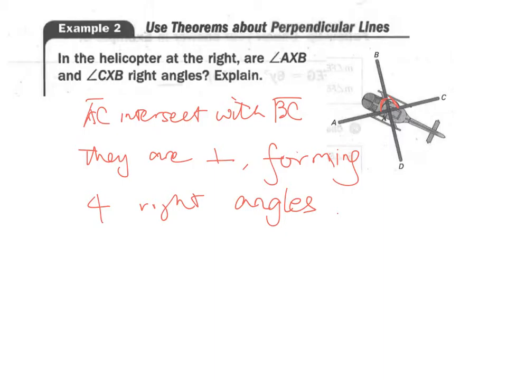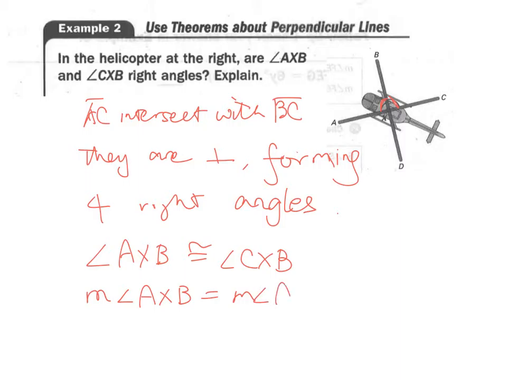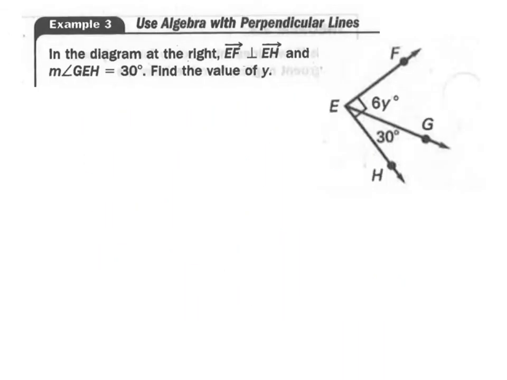Therefore, angle AXB is congruent to angle CXB because they both have the same angle measure at 90 degrees. Okay? So that's the thought process behind it.